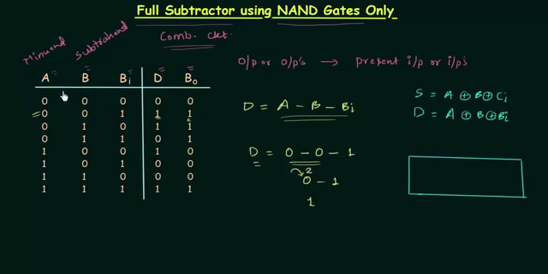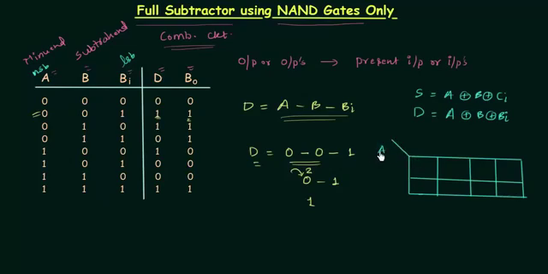If you see A, B and BI, you can clearly see A is the MSB, the most significant bit, and BI is the LSB. And the information of MSB and LSB is very important while making the K map, because we have to write MSB first.